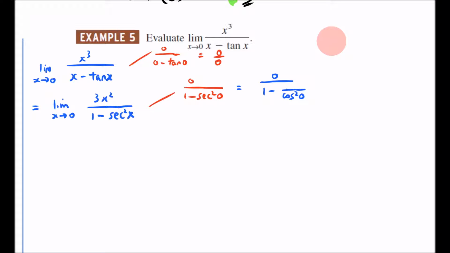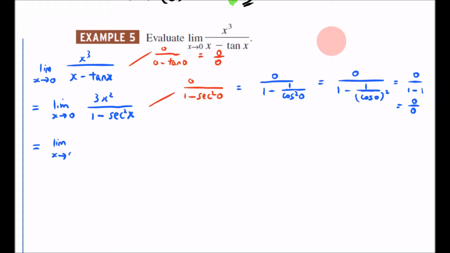Of course, which is 0 over 1 minus cosine 0 bracket square. So you get 0 over 1 minus, now cosine 0 is 1, so you get 0 over 0 again, right? So again you have to use L'Hopital's rule.